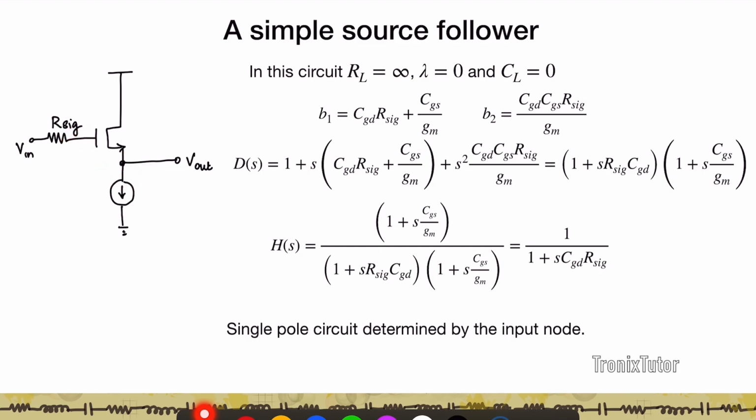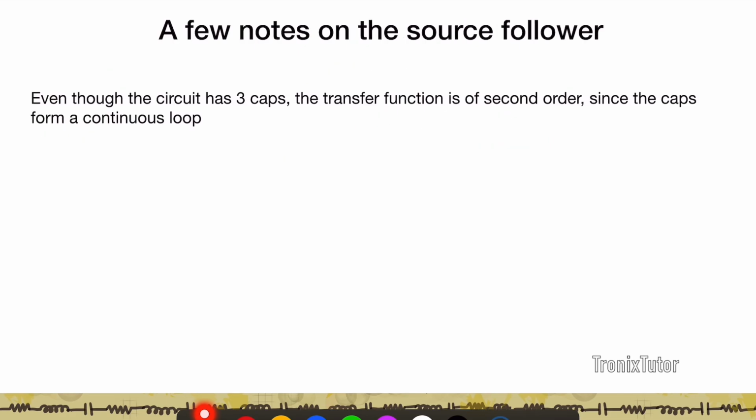So we say CGS is bootstrapped, because the two plates, if you will, of the capacitor are both moving in the same direction, right? And therefore that does not contribute to the frequency response. So you're essentially left with the frequency response determined purely by the input node of the circuit. Again, the output node CL is 0, so you don't have an output pole.